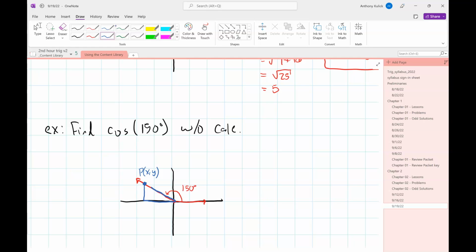If you draw it to the y-axis, you will not get the correct result. And what is this angle down here going to be? 30 degrees.